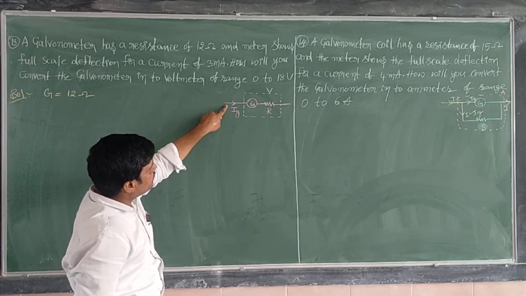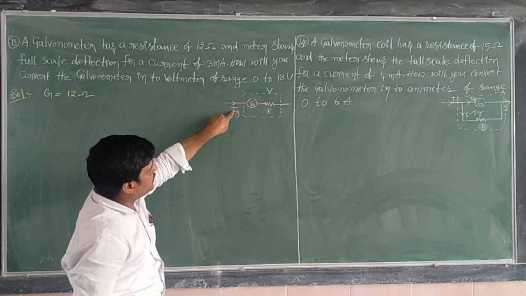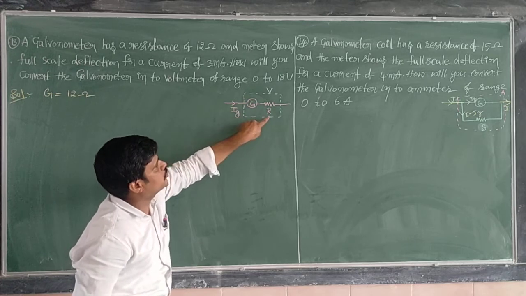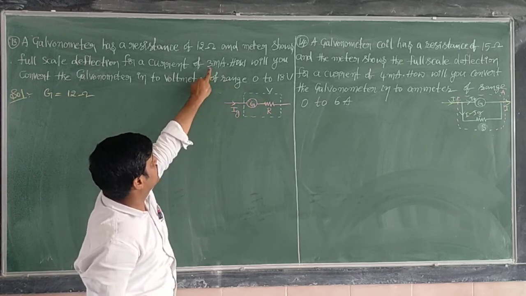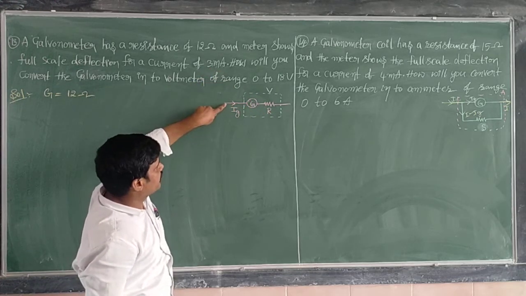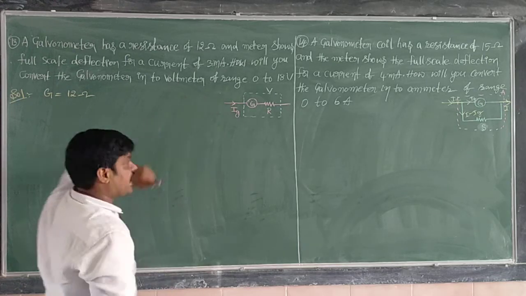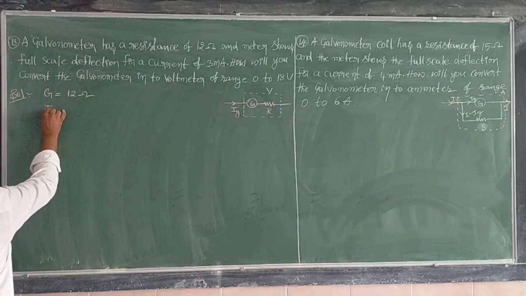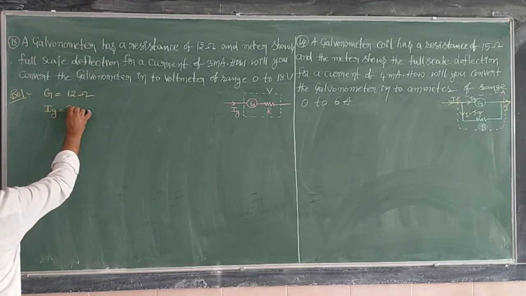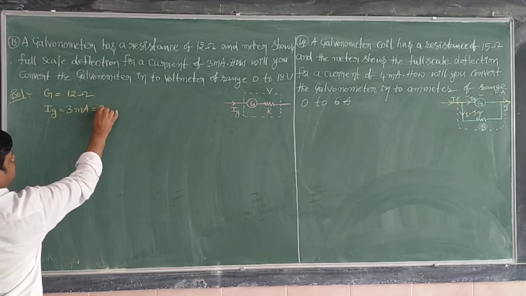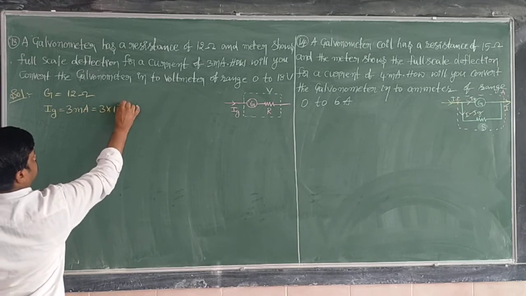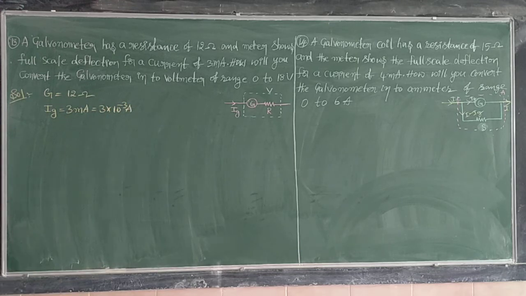That means the current through the galvanometer for full scale deflection is 3 milliamps. 3 milliamps means 3 into 10 power minus 3 amps.